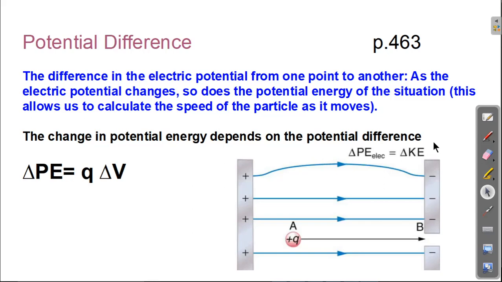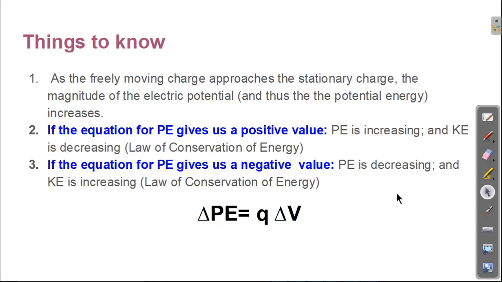So far, so good? Okay, here we go. Things to know. This is kind of a review, maybe not even more information, but here you go. As the freely moving charge, lowercase q, approaches the stationary charge, the magnitude of the electric potential, and thus the potential energy, increases because it had more time to accelerate.